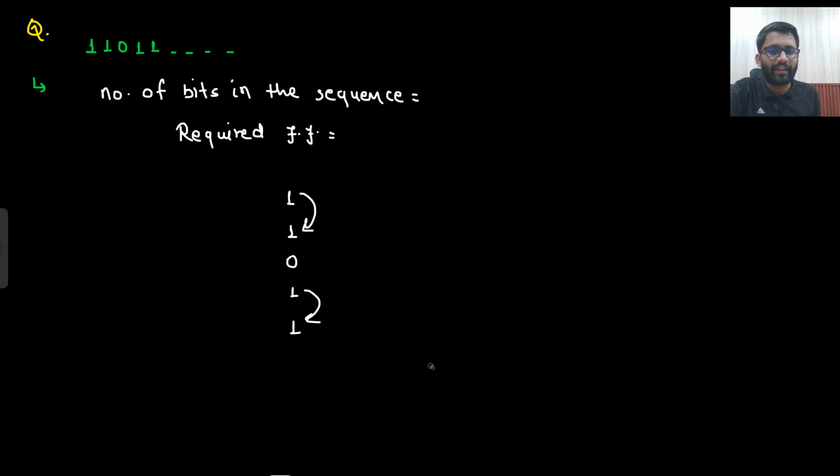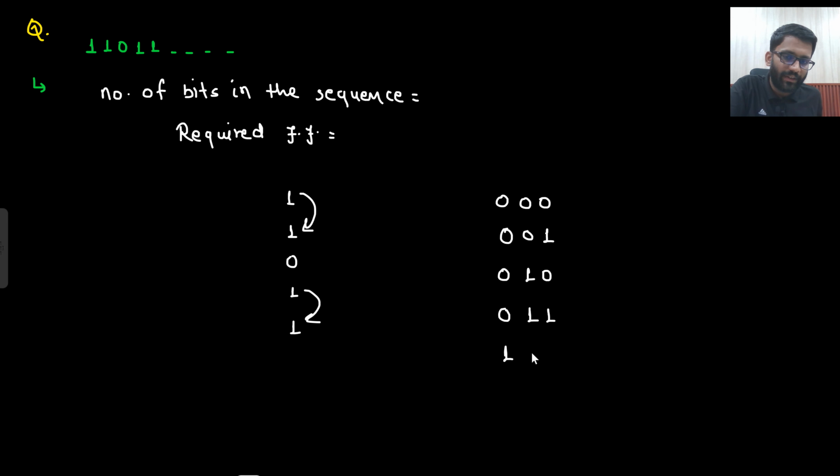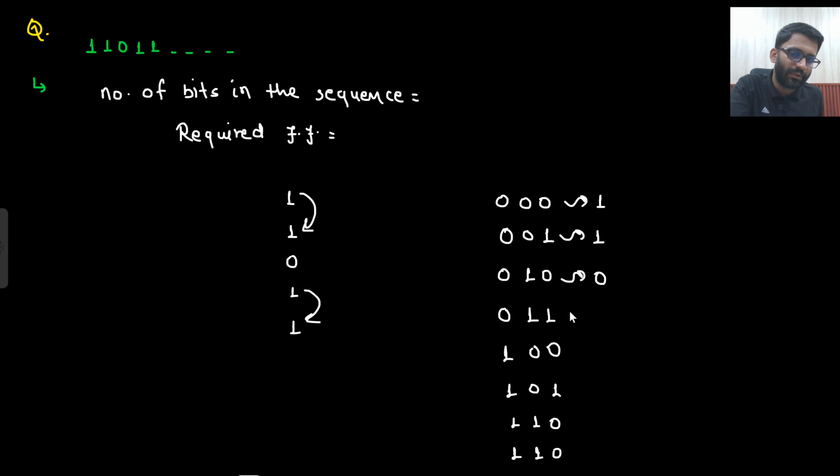Basically, if I design an up counter, which is 0 0 0, 0 0 1, 0 1 0, 0 1 1, 1 0 0, 1 0 1, 1 1 0 and 1 1 1, then with respect to this I will get 1, with this I will get 1, then 0, then 1, then another 1. So this is what I need.